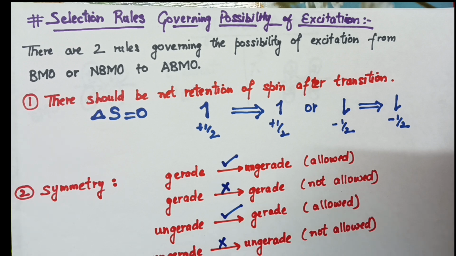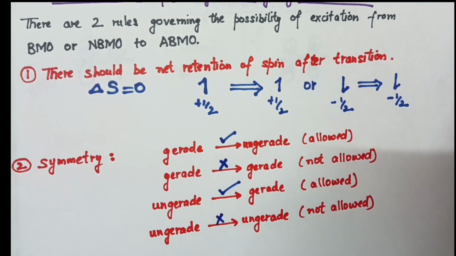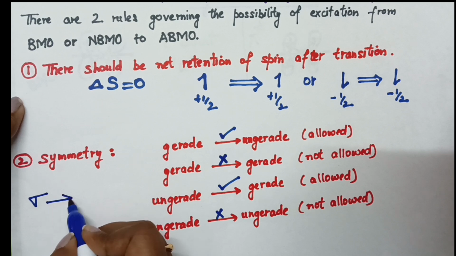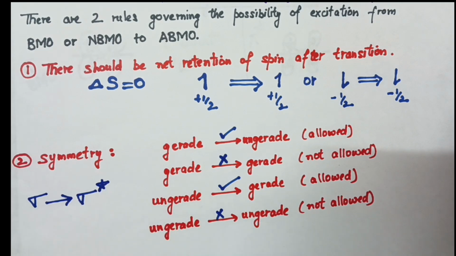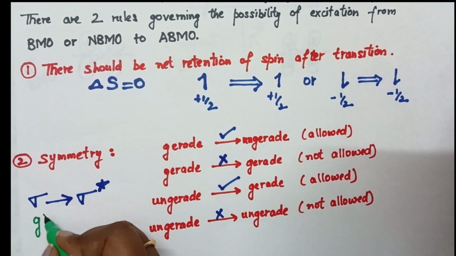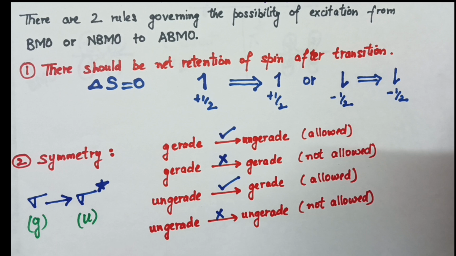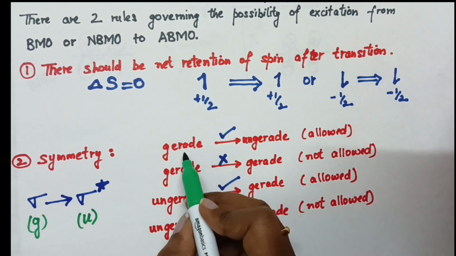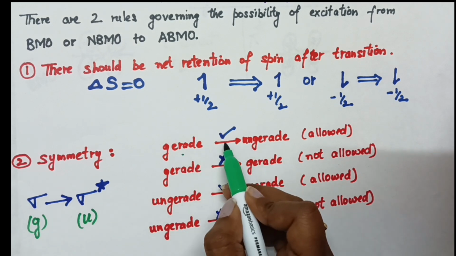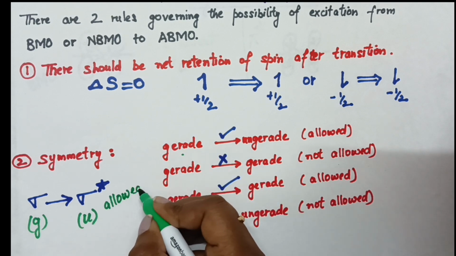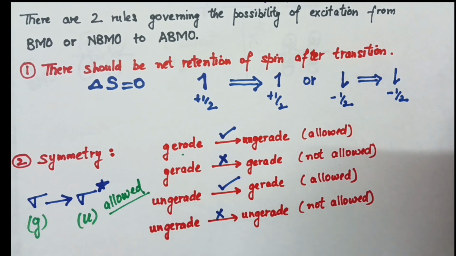So if we look at the different orbitals, if we take the case of sigma to sigma star transition, now look, in this case sigma is gerade, right? We have discussed this. And sigma star is ungerade. From gerade to ungerade transition is allowed. So this is symmetrically allowed transition.